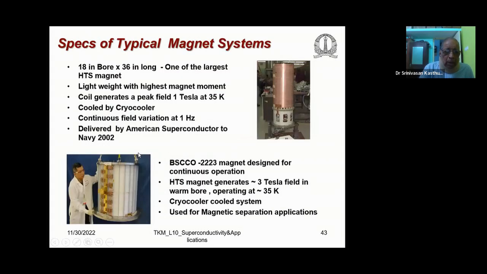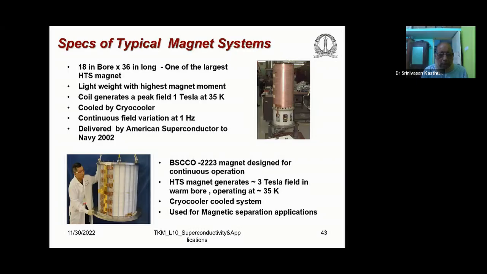Now, some special typical magnet systems: an 18-inch bore, 36-inch long, one of the largest HTS magnets, lightweight and highest in magnetic moment. The coil generates a peak field of 1 Tesla at 35 Kelvin. The advantage is that it is just cooled by a cryocooler. Continuous field variation is possible at 1 Hertz, and it was delivered by American Superconductor to the Navy in 2002.